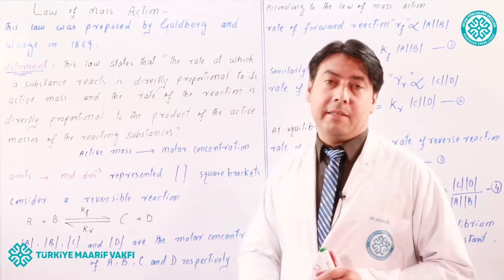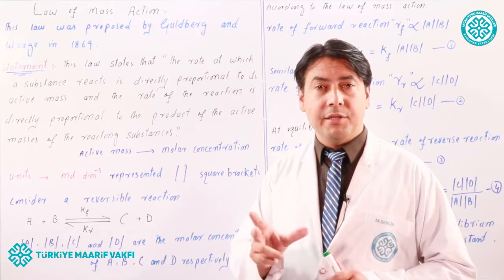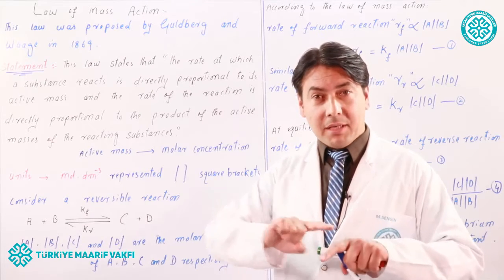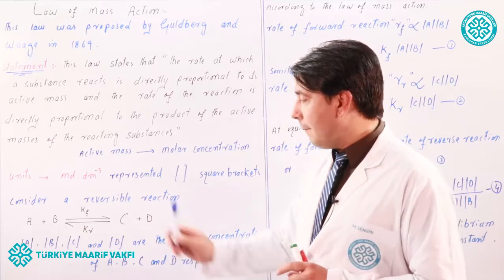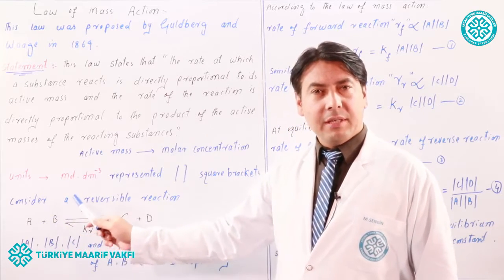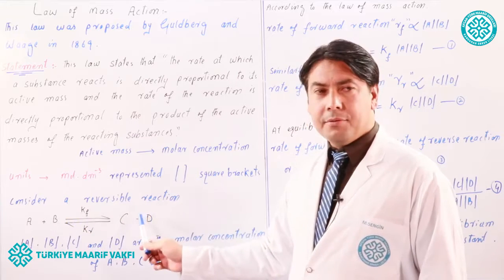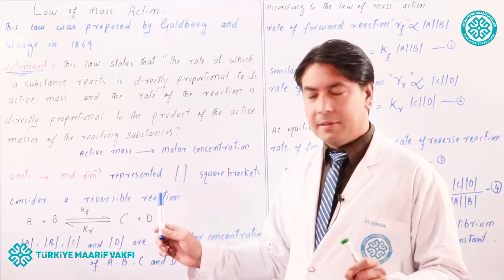Consider a reversible reaction. A reversible reaction is one which proceeds in both forward as well as reverse directions. So, A reacts with B and produces C and D as products.